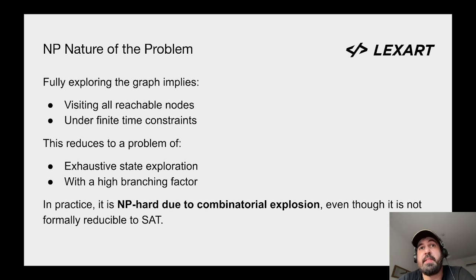Just to remember, SAT means the Boolean satisfiability problem. It is the problem of determining whether there exists an assignment of Boolean variables that makes a given logical formula evaluate to true. It is a canonical NP-complete decision problem and is commonly used as a reference point for computational hardness.